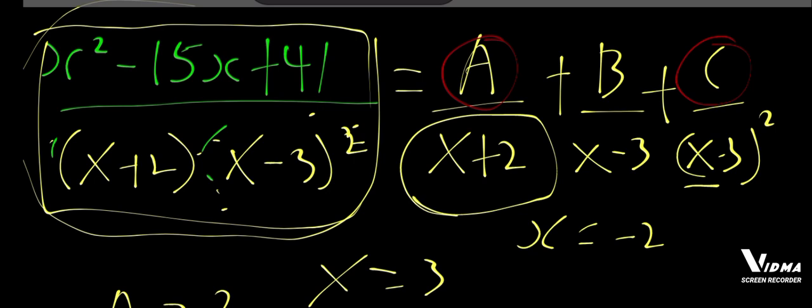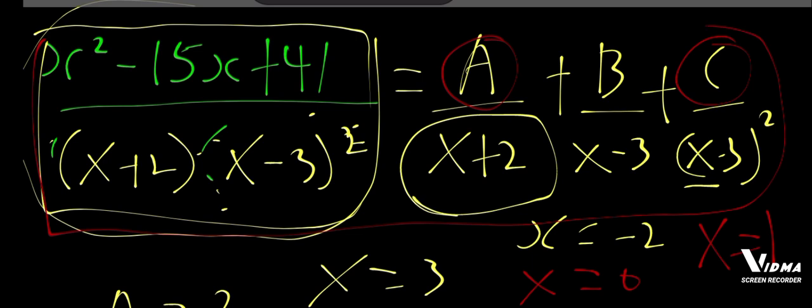Let's say x equal to 1 or x equal to 0. But I like 0 because 0 simplifies things faster. So all we are going to do is substitute the value for 0 into everything, both our left hand side and our right hand side. Okay.